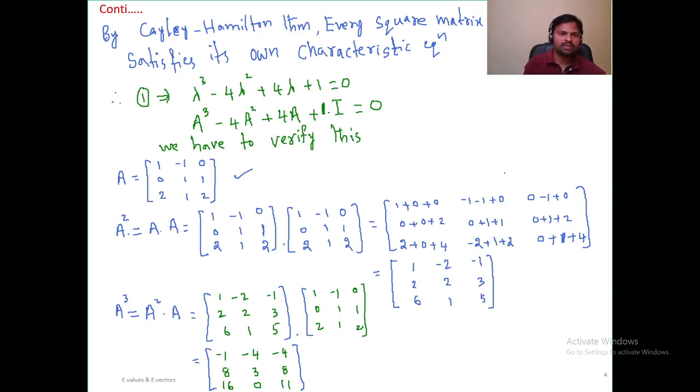So what is given to us here? This is a characteristic equation, and here we need to substitute back. We need to compute the LHS value: A cube minus 4A square plus 4A plus I. So let me write that: A cube minus 4 times A square, plus 4A, and I want plus I. What is this value?